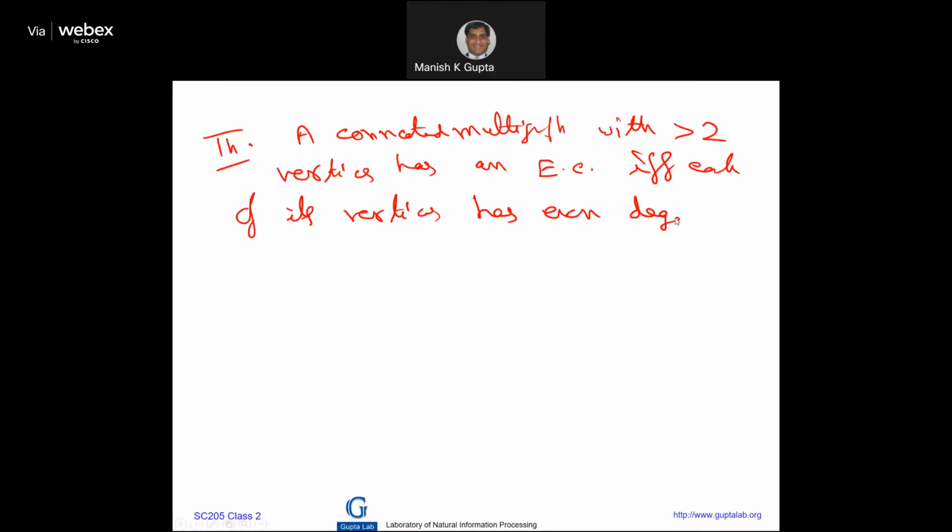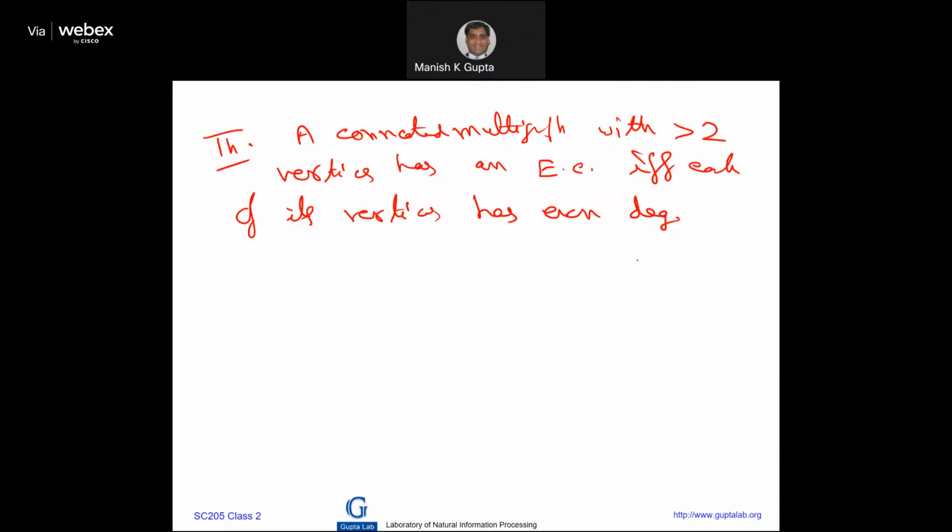I think when we started this class, I drew one picture similar to that, when we were trying to draw it without lifting the pencil, right? So the same thing is trying to find an Euler circuit, right? So in that picture, we cannot draw the Euler circuit because the degree of each vertex should be even, which is not the case. Okay, so that is the main reason.